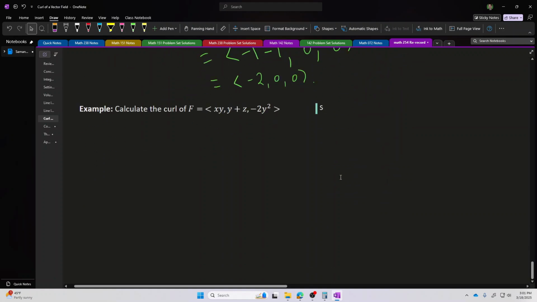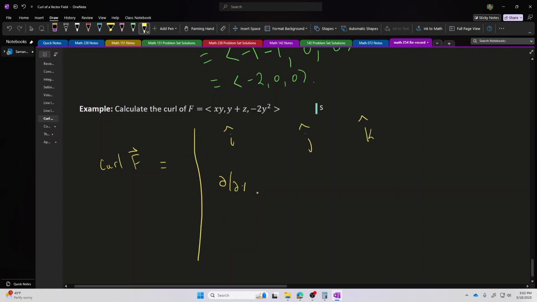To wrap up this video, let's just do one final calculation of the curl for a vector field that is not so simple, to give us a curl that is non-constant. So we have our i hat, our j hat, and our k hat. We have our 3 partial derivative operators, and then we have the 3 entries of our vector field.